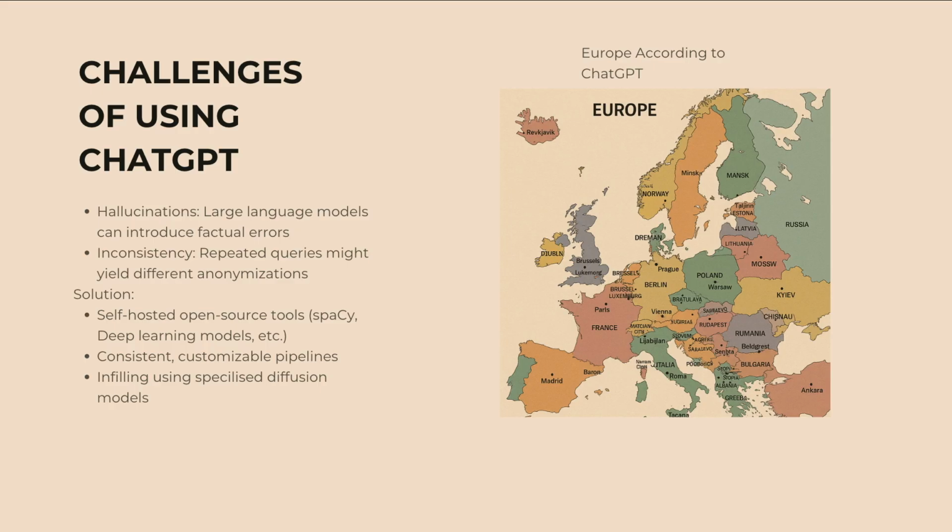What I want to get across is you can't use ChatGPT to do anonymization, not just because it gets things wrong, but often because it's hosted by somebody else. So this presentation, I specifically structured in such a way that I did not want to give another talk which is about ChatGPT or LLMs. I wanted to give a talk about tools that you can self-host and something that's a bit different.